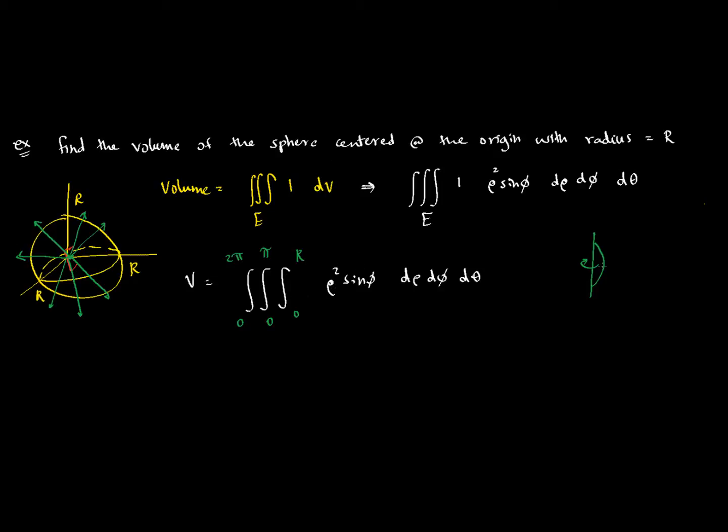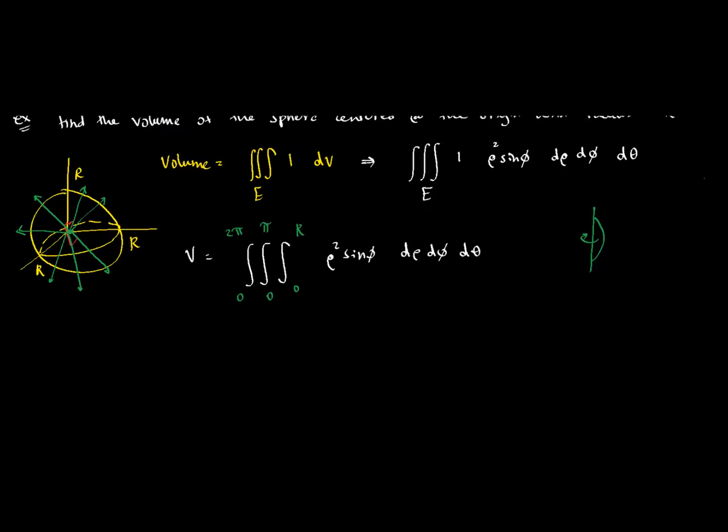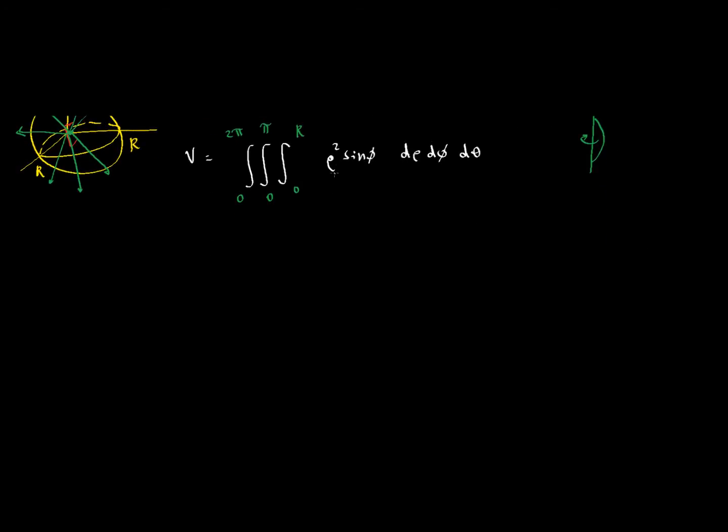Now the only step remaining is to evaluate this integral. So we're going to integrate rho squared sine phi with respect to rho. So we're going to get rho cubed sine phi divided by the new power, evaluated at 0 and r. So we're going to get r cubed divided by 3 sine phi.